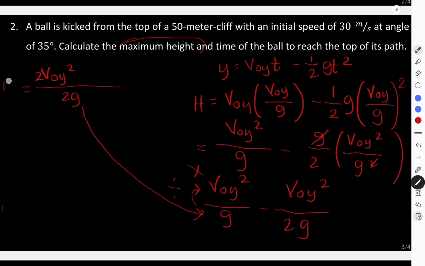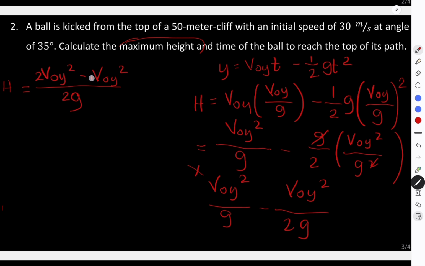Okay, still maximum height. Now, 2g is just the same as what we did. It becomes 1, right? So multiply by this, we only have initial velocity in y squared. Now, in this case, we come up with the same unit.